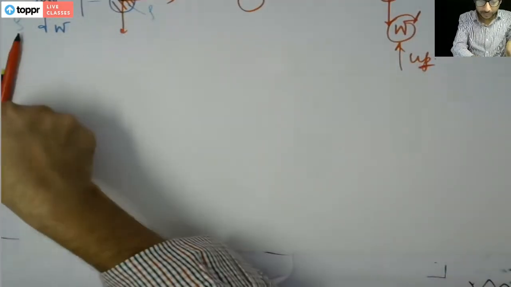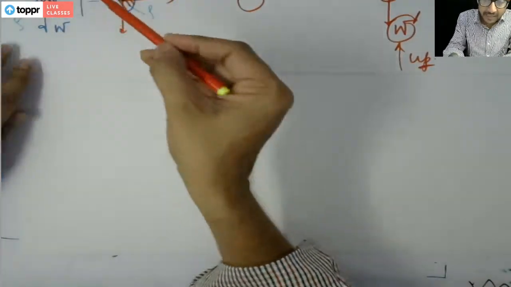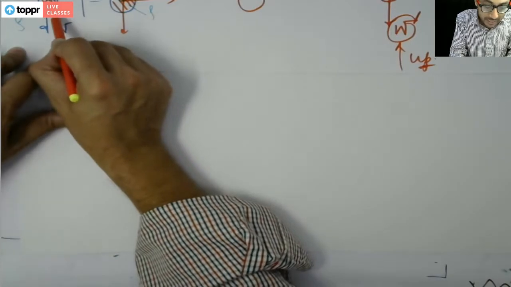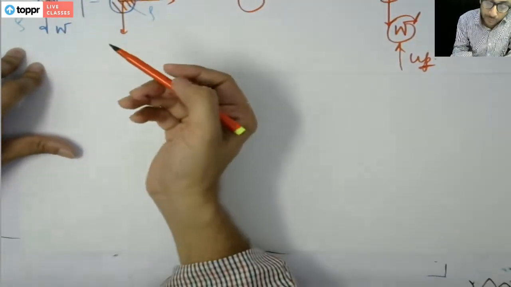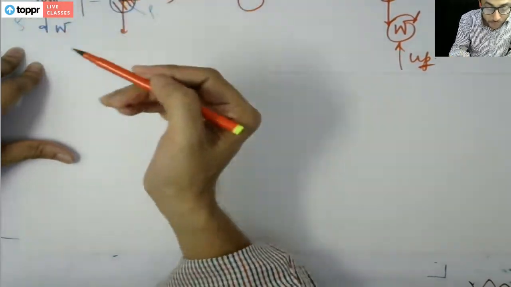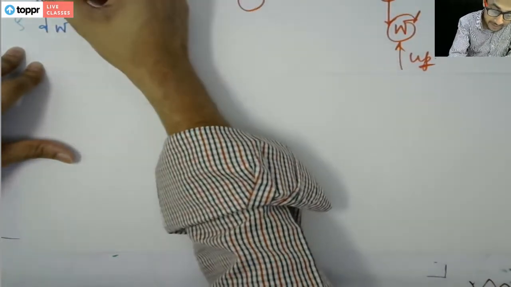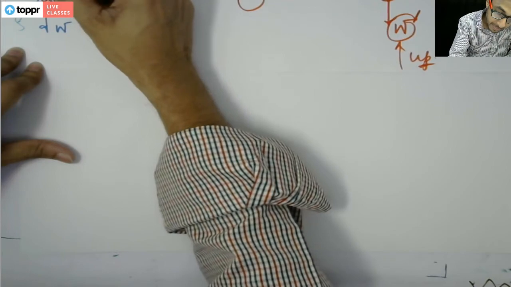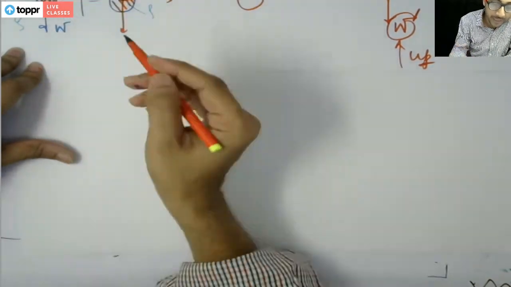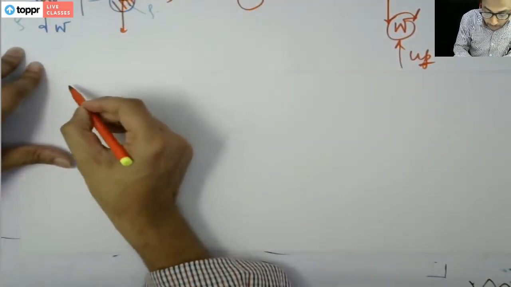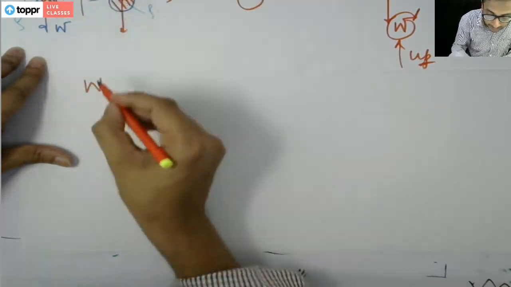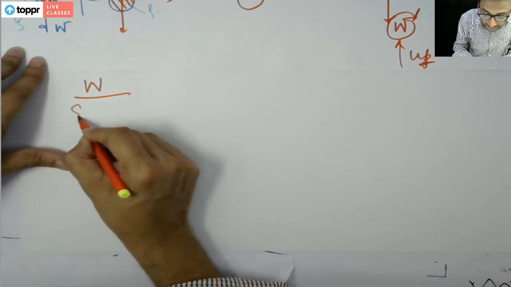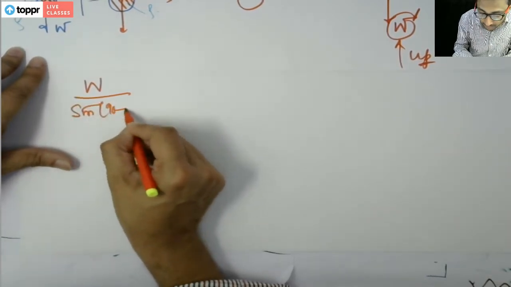Now let us try to solve how we can get this dielectric constant K. See, for one single charge, we can use Lami's theorem. There are three forces acting. This is theta, it means this angle is also theta. Now W by this whole angle, sine 90 plus theta.